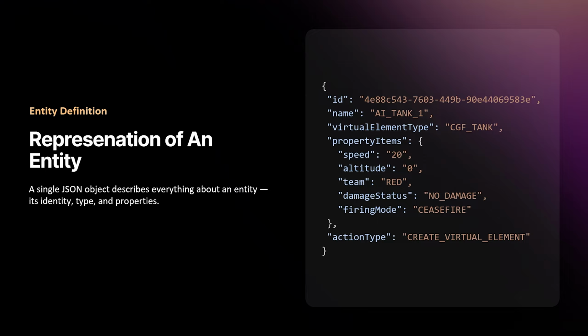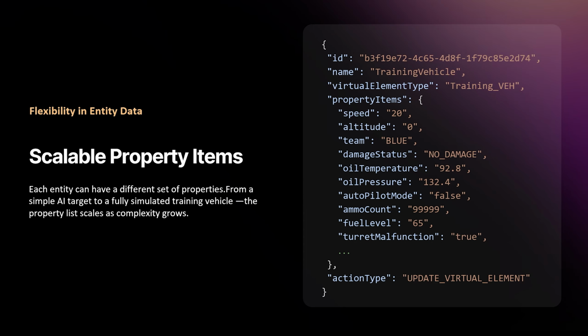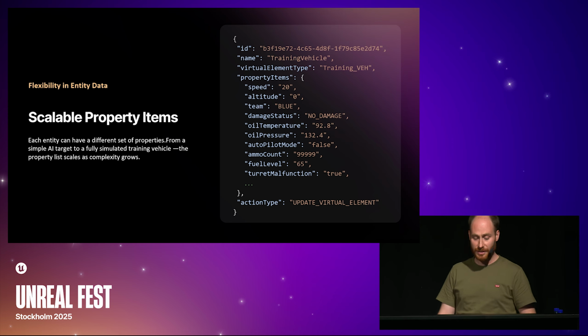Now we have seen what an entity looks like, but here is the real power. The property items part is flexible and scalable. Now let's see the training vehicle. Our message structure is strong because the property items part is scalable and efficient. For simple entities, it only shows speed and team.